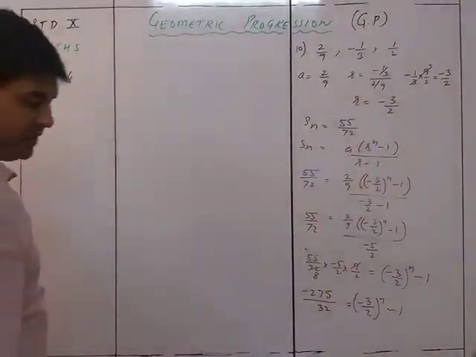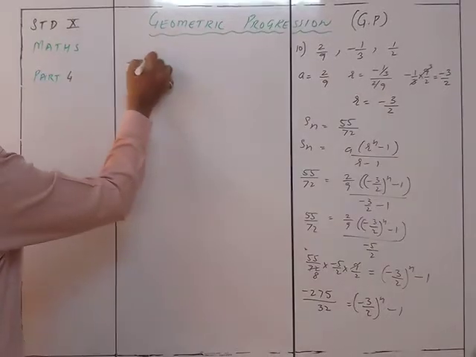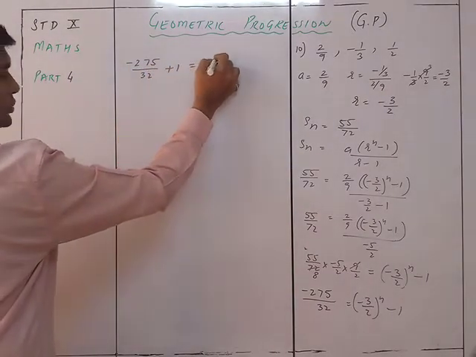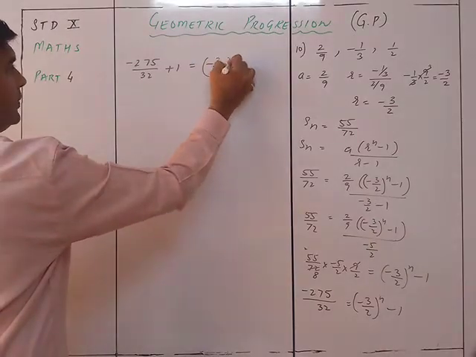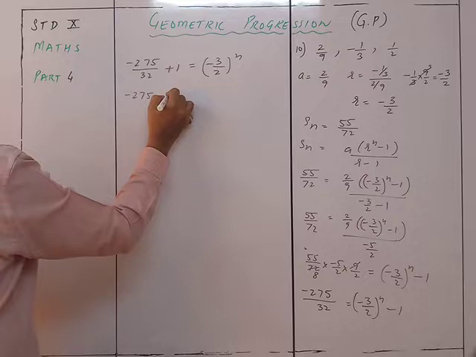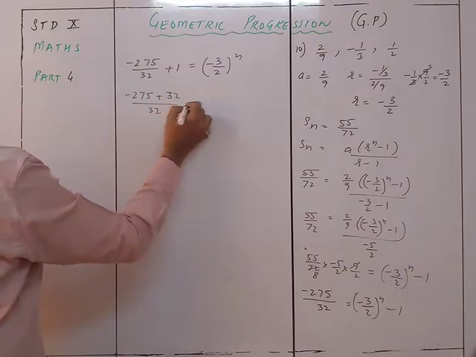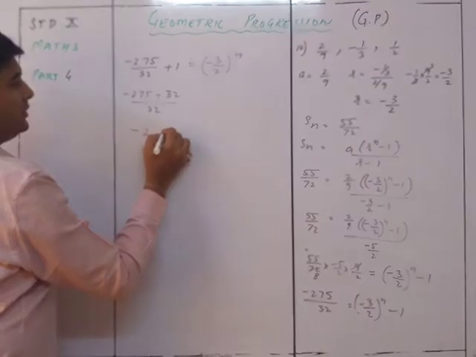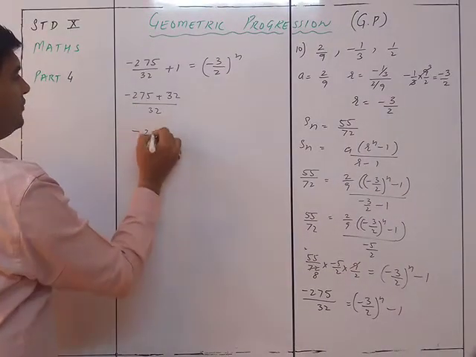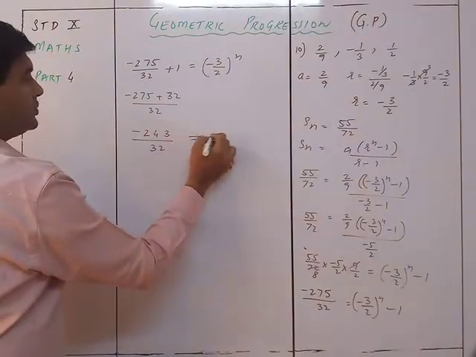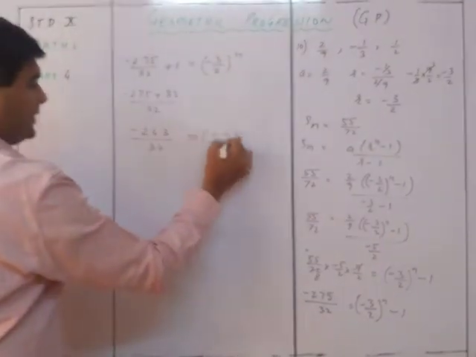So now we see this is minus 275 upon 32 plus 1 is equal to 3 upon 2 the whole raised to n. So minus 275 plus 32 upon 32, that will be minus 243 upon 32, is equal to minus 3 upon 2 the whole raised to n.